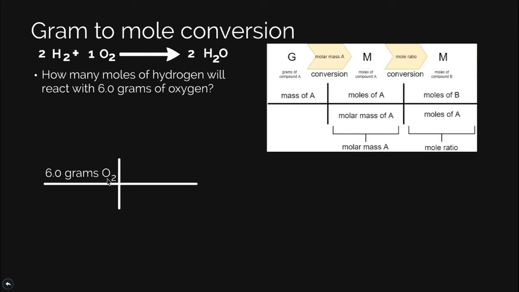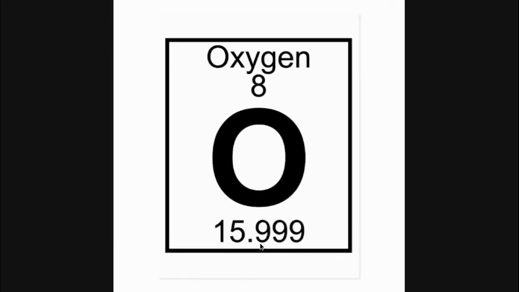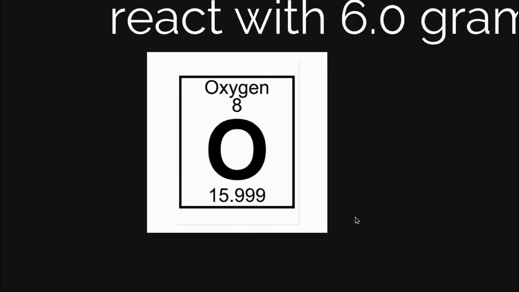So now I need the molar mass of oxygen gas. So let's go ahead and look at that. Here's the title for oxygen as you would find it on the periodic table. Now we have some information on here. Remember, the molar mass is this number that is set at the bottom. So 1 mole of oxygen has a molar mass of 15.999. We'll round that to 16.00.